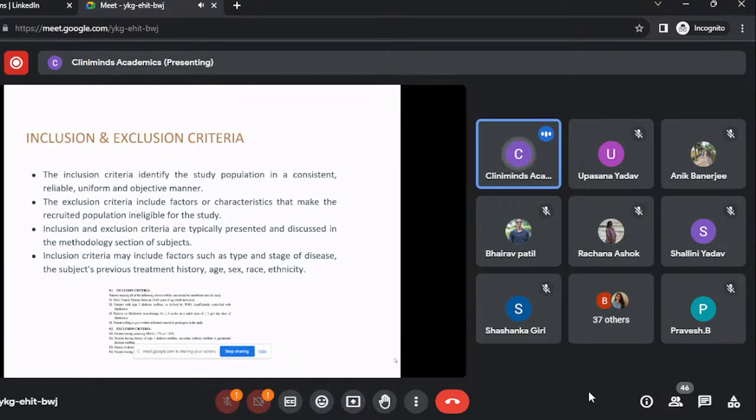What is screen failure? Because in the screening visit we do all the activities. What is a screening visit? Screening is done to start enrolling the subjects in the trial. Screening is done to check the eligibility of a subject for the study, whether patients are eligible or not.